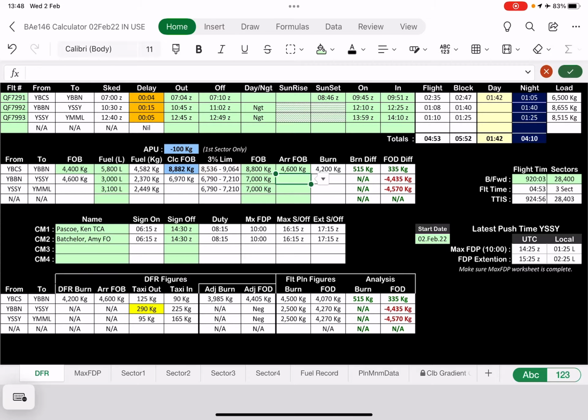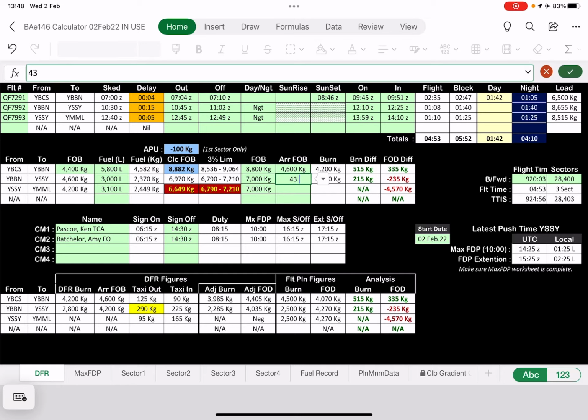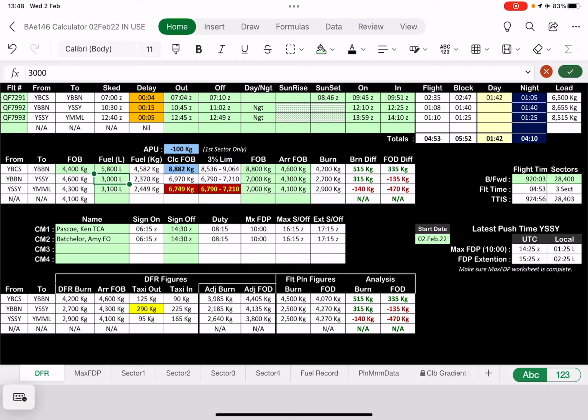Okay, and we arrived, the burn was supposed to be 2.5, so let's say we burnt 4,200, what's that look like? And here we arrived in Melbourne with 4,100. I need to just bump this refuel figure up here because it didn't quite. Okay, so that's numbers that look reasonable.